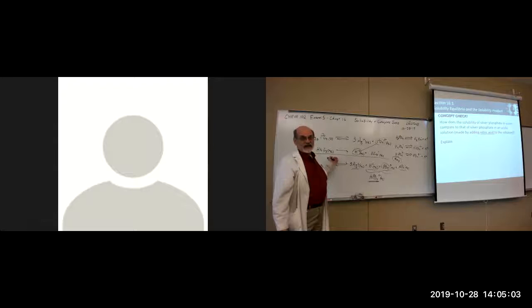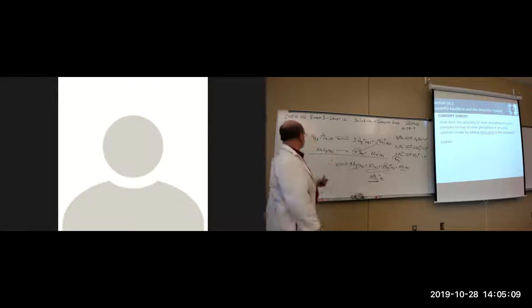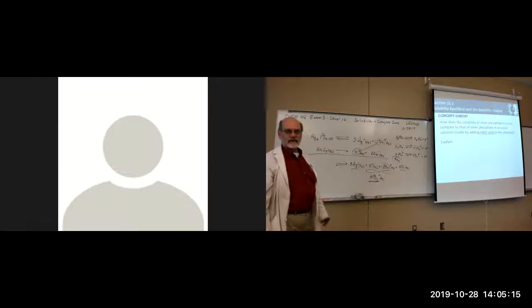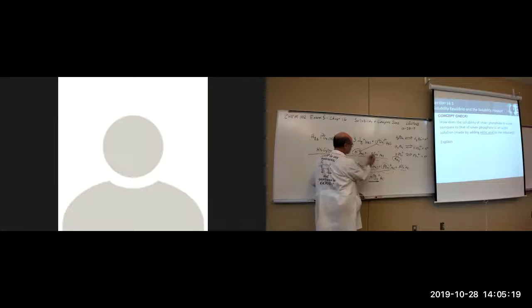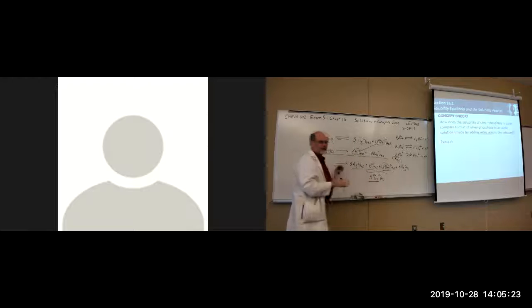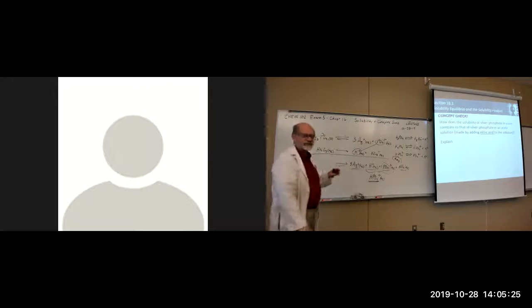In fact, we could use hydrochloric acid, work just as well, because we don't care about the chlorine. Well, actually, yeah, it would. If we used hydrochloric acid, that would give us a double whammy, right? If we use hydrochloric acid, then we get this anion would be chloride combined with silver, and that would drop it out of solution too.